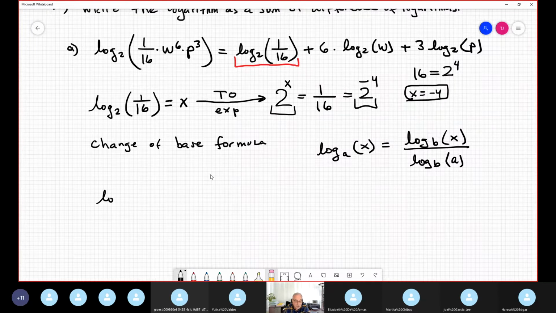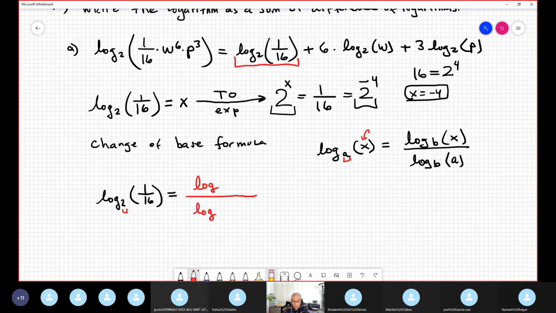In our specific example, I try to compute this logarithm using the calculator. Look, associate: a is 2 and x is 1/16. So you write, for example, log, the common log that we have available in our calculator.